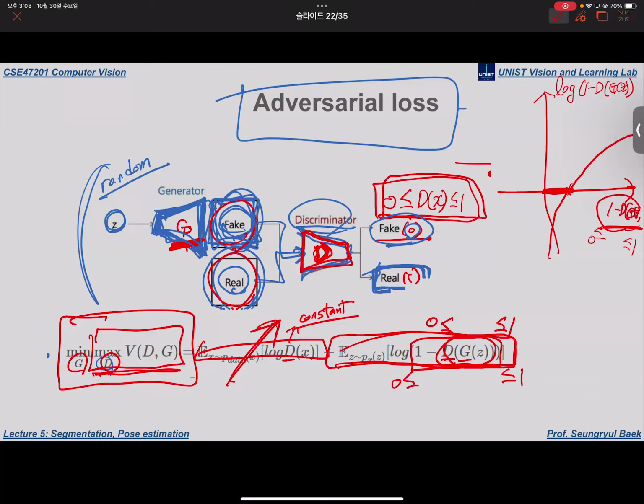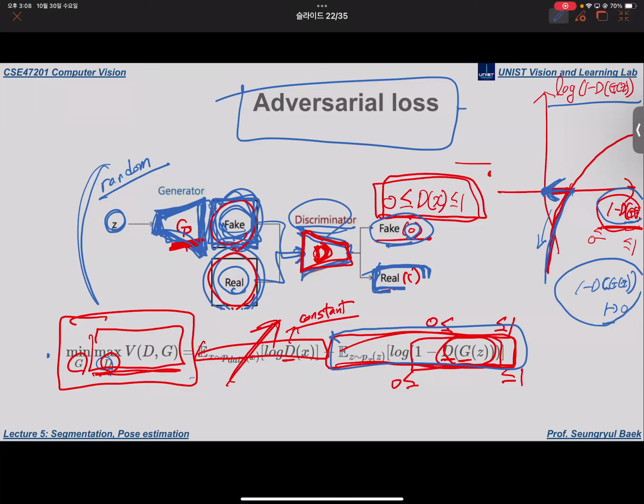To minimize this function in this x range, it should go to this part to minimize it with regard to this variable. So this variable is going to 0. To minimize this, the input has to go close to 0, okay?